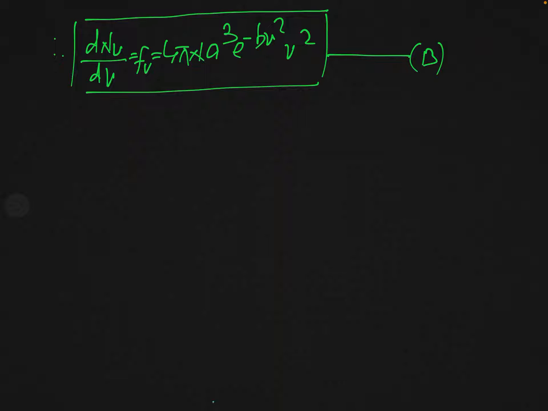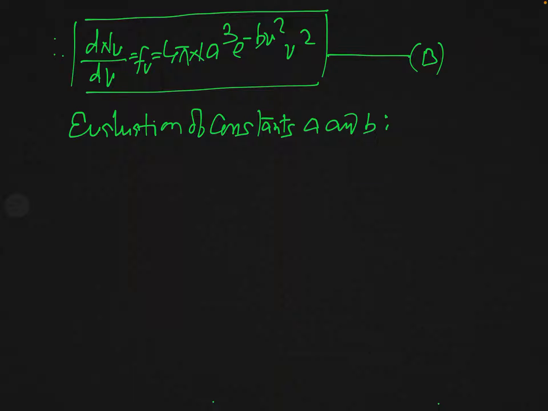Now let us see. So now our problem is the evaluation of constants A and B. One thing you must note here: although I am going to discuss how we will evaluate the values of constants A and B, once you evaluate them, you must remember them, because in numerical problems, whenever needed, you have to write their values directly.